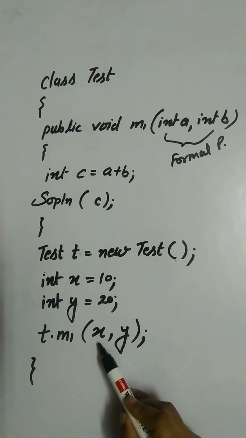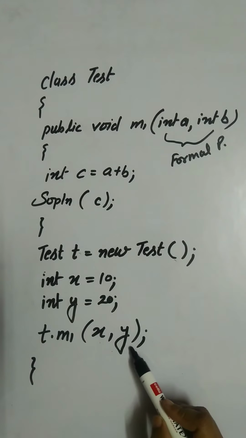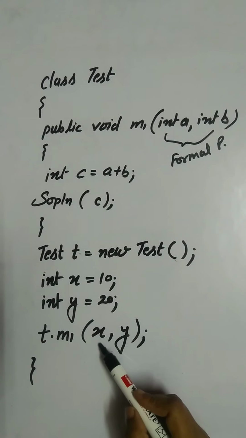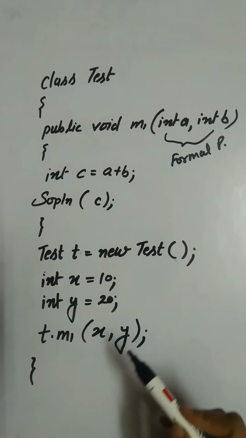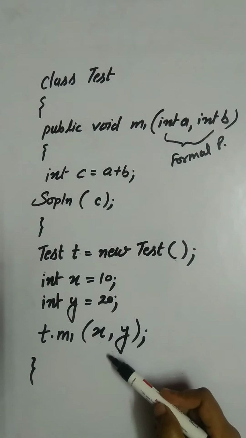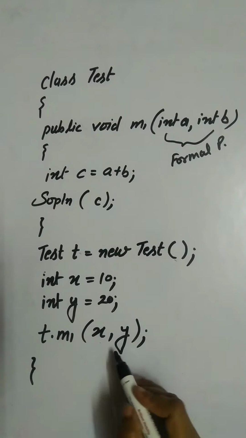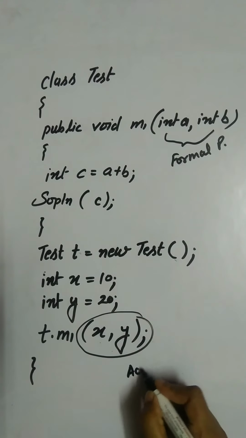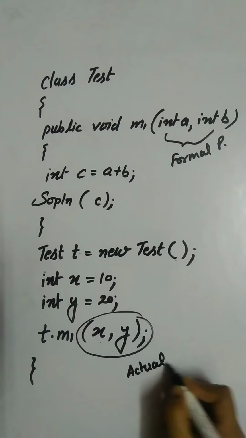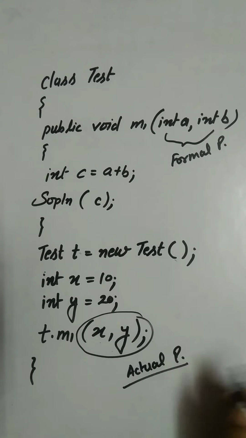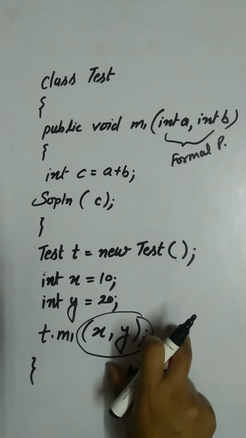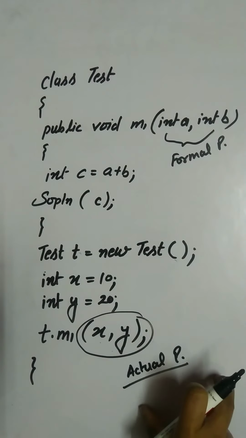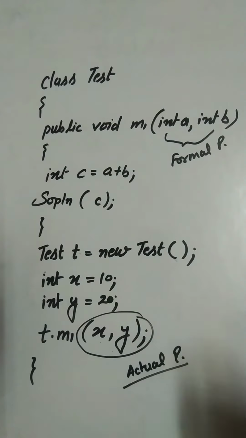Here I am using x and y, both of integer type, and these are known as actual parameters. Clear? Calling time parameters are known as actual parameters, and parameters in the declaration of the method are called formal parameters.